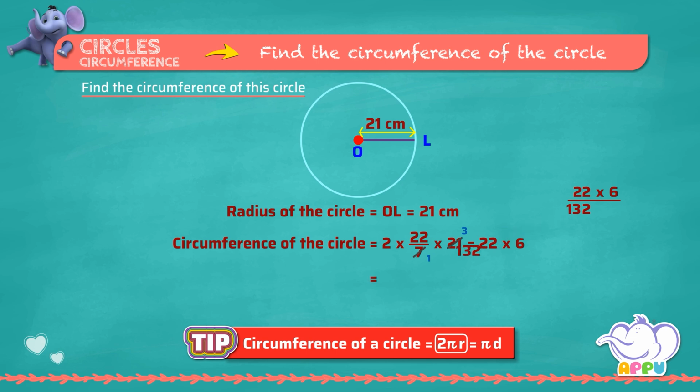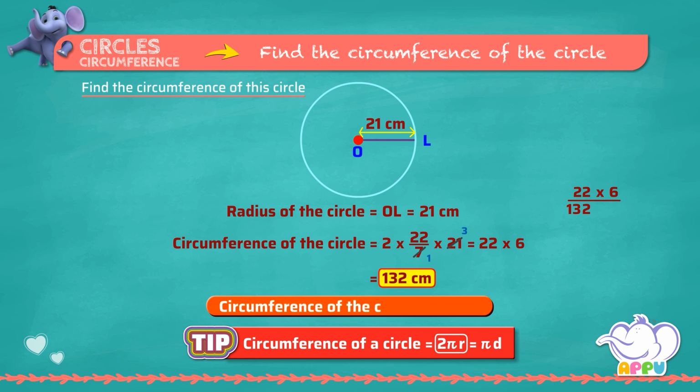We get 132 centimeters. So, the circumference of the circle is 132 centimeters.